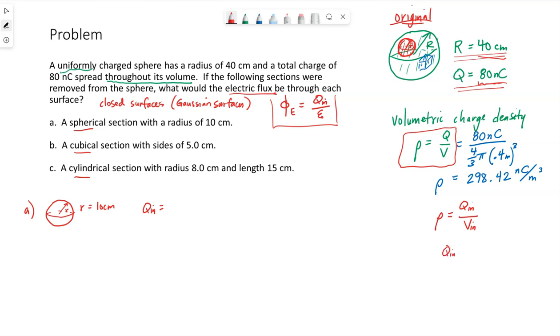So Q in is going to be the charge density we calculated times the volume that we're trying to find how much charge is within. So coming back to this spherical section, we will take our charge density and multiply by the volume of this smaller sphere that has a radius of 10 centimeters.